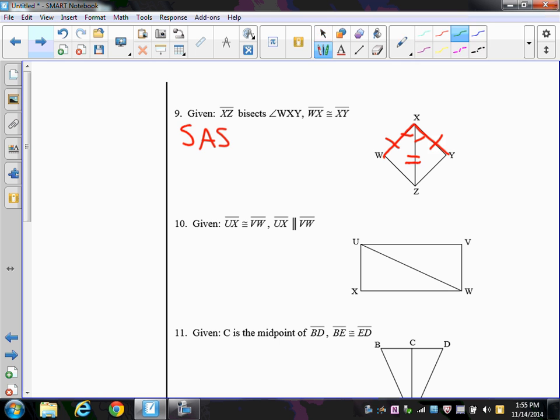And if I want to fill in the letters, again, 1 to 2, that's triangle WXZ is congruent to, I hit YXZ, triangle YXZ.